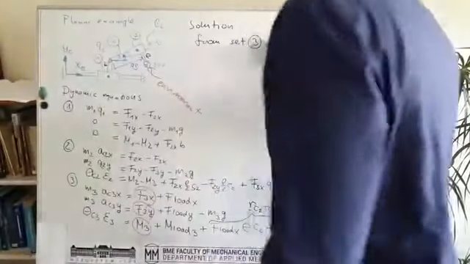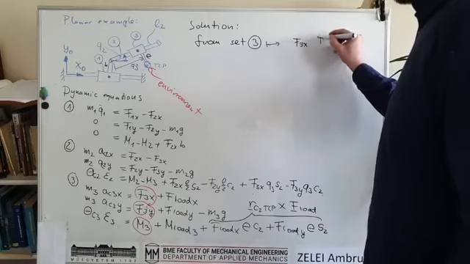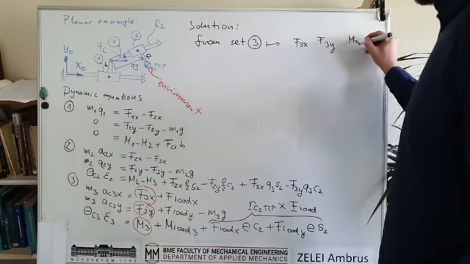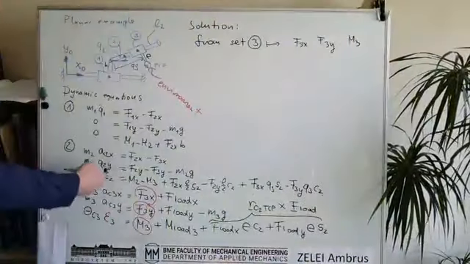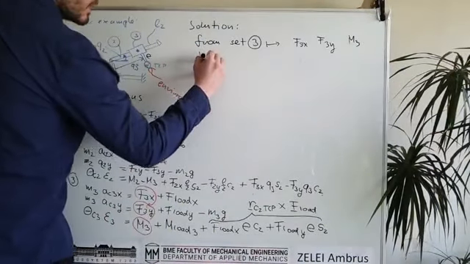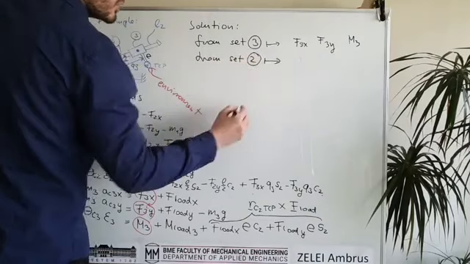From the first set you can calculate F3x, F3y and M3. And then we can move on to the previous set of equations related to the second rigid body.